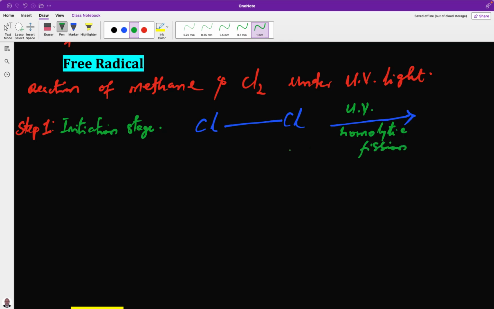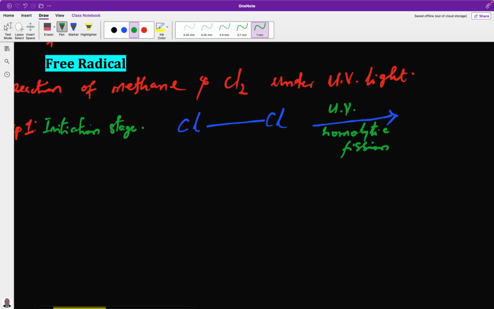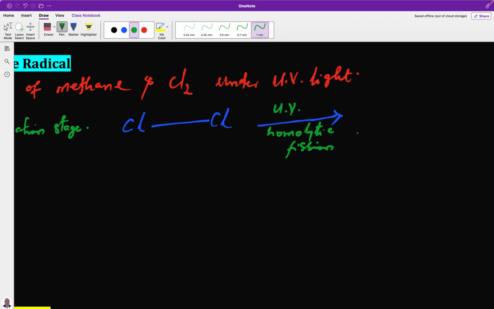Homolytic fission is where a molecule breaks and each atom goes with a single electron. It is equal. Homolytic is equal breakage. It will result in what? A free radical.